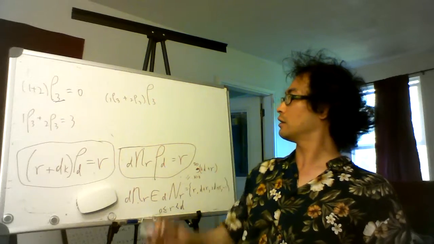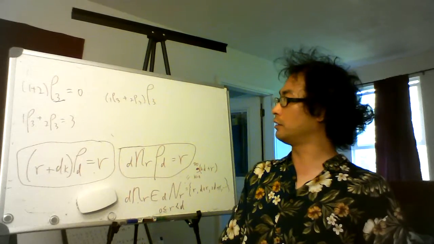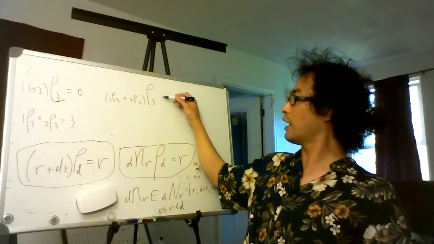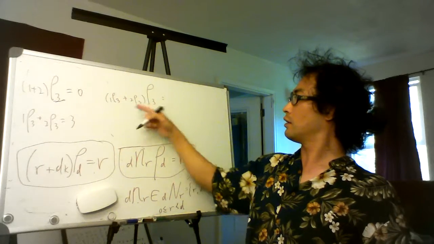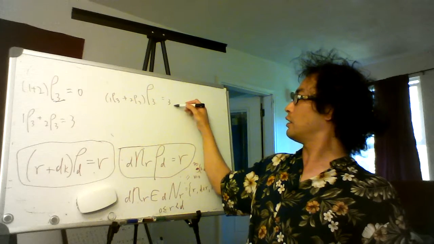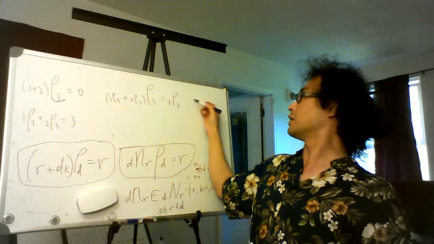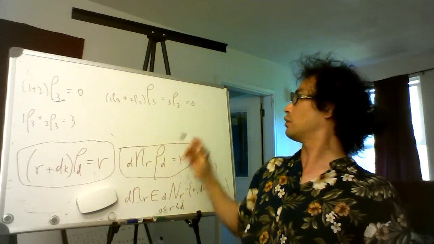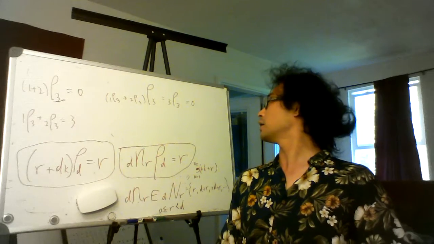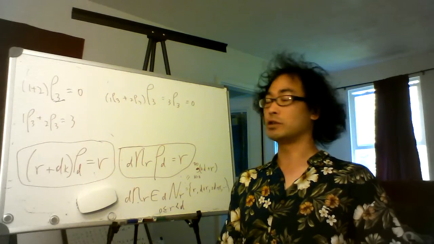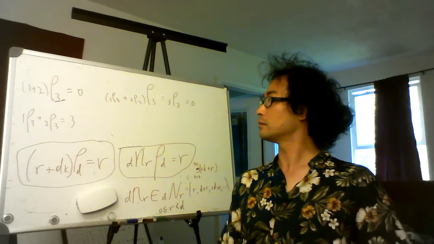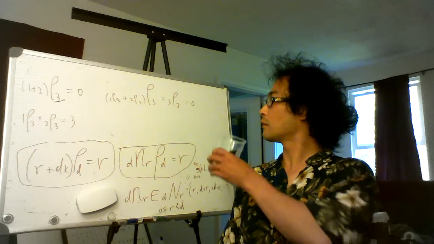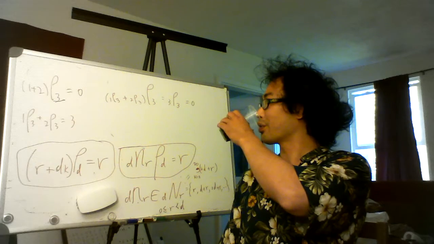How about that? Then this is 3 rho 3, and finally it disappears to 0, because when you divide 3 by 3, the remainder is 0.